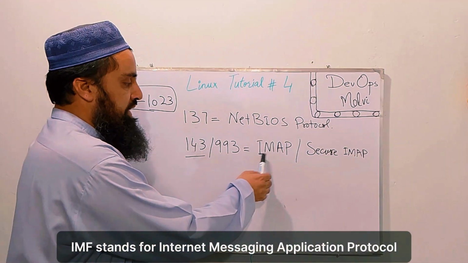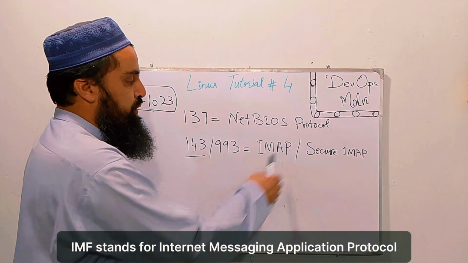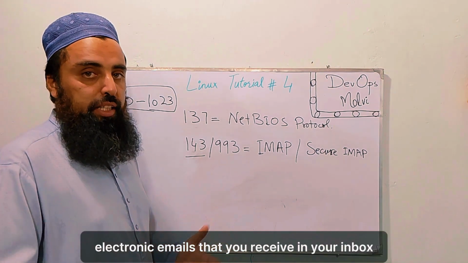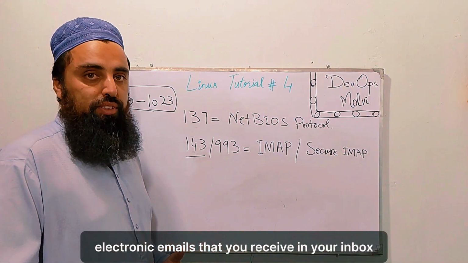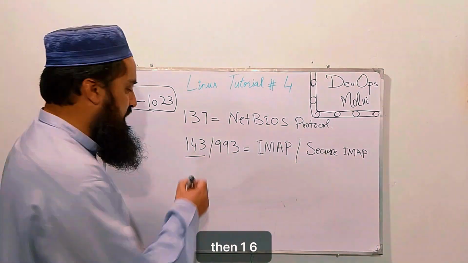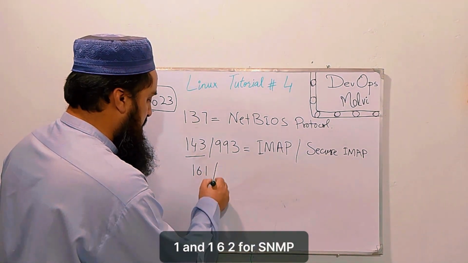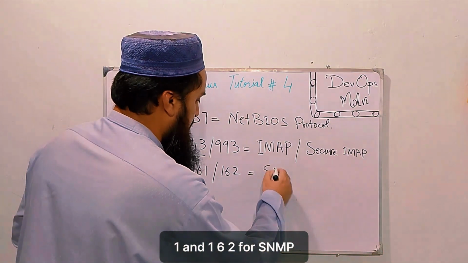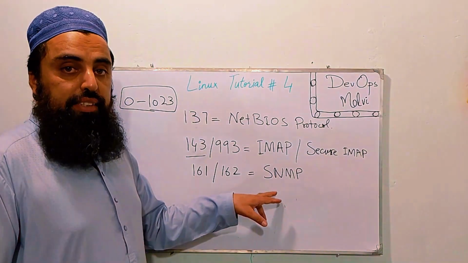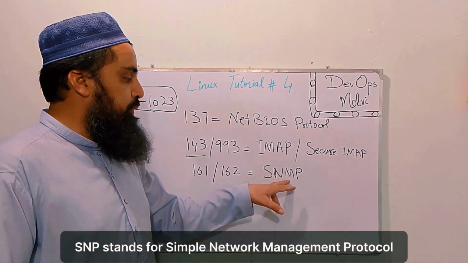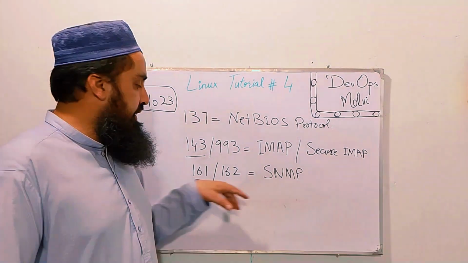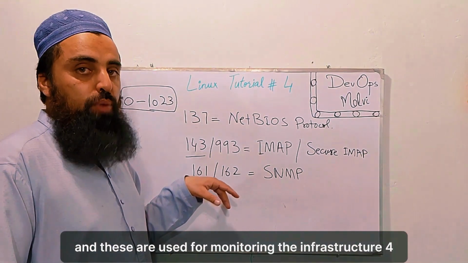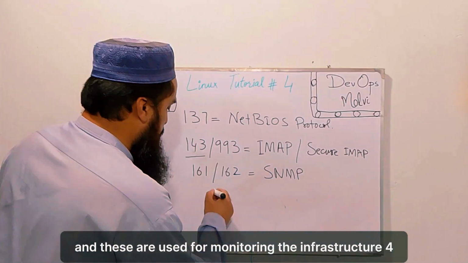IMAP stands for Internet Message Access Protocol, and it is used for the electronic emails that you receive in your inbox. Then 161 and 162 for SNMP. SNMP stands for Simple Network Management Protocol, and these ports are used to send alerts and for monitoring the infrastructure.